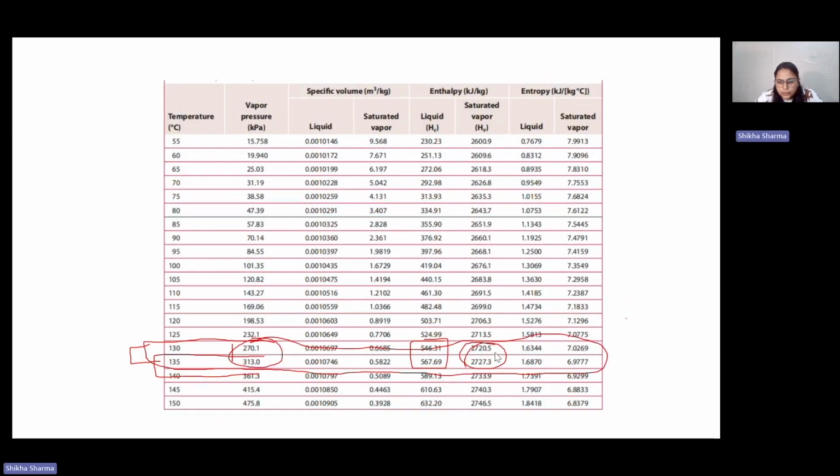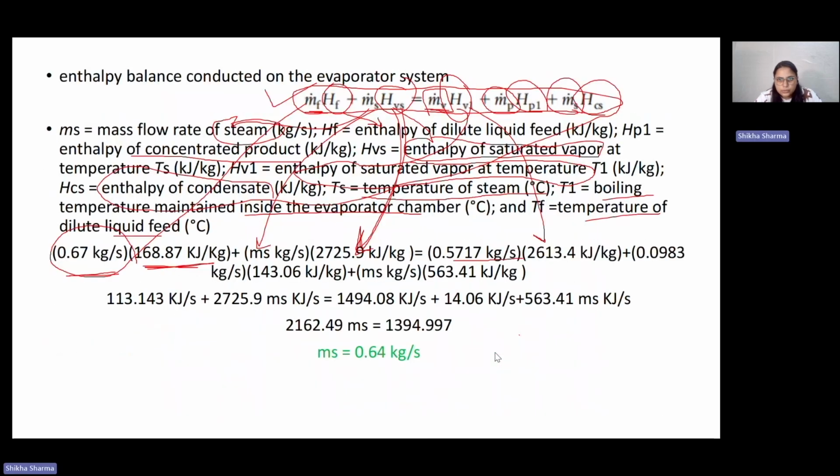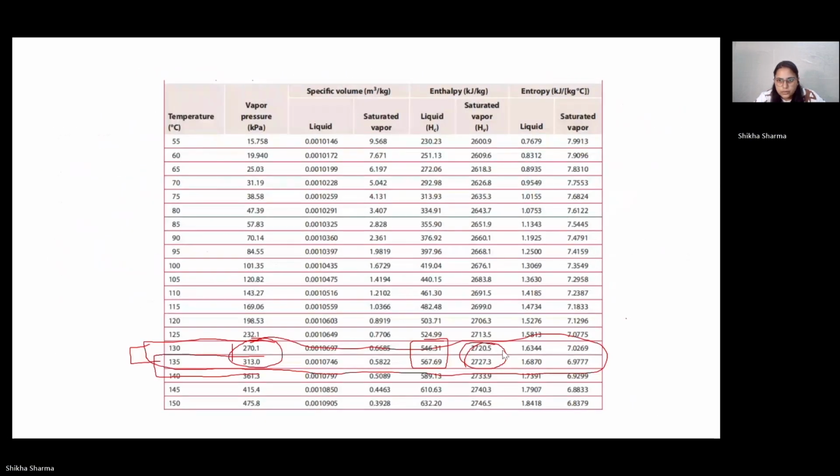We were saying that HVS we calculated as 2725.9, right? We calculated this based on interpolation at 134 degrees Celsius.